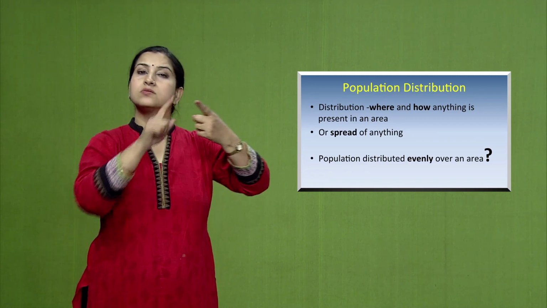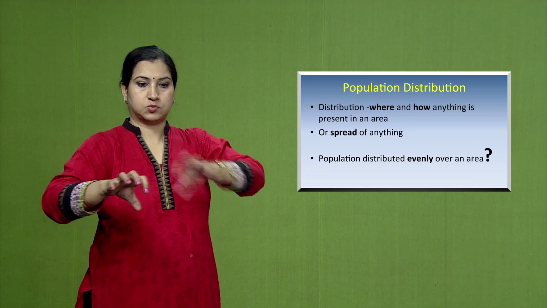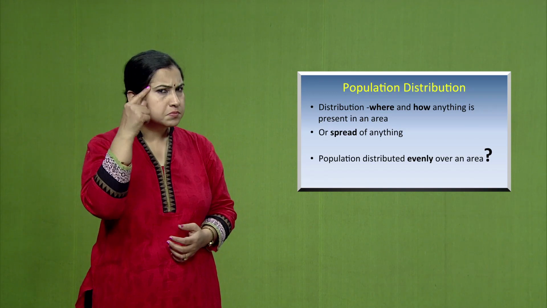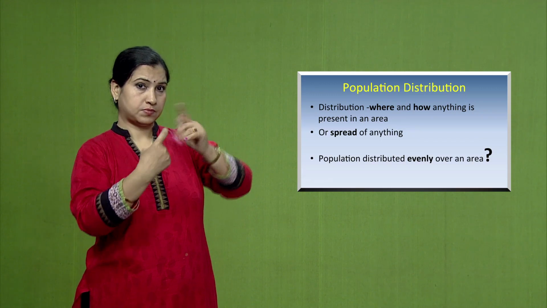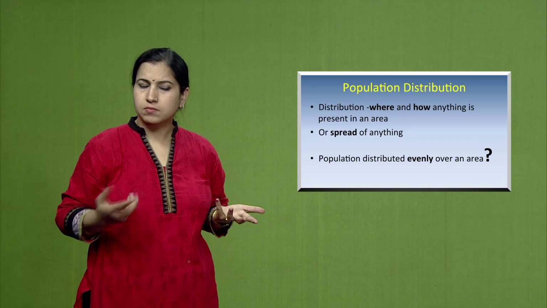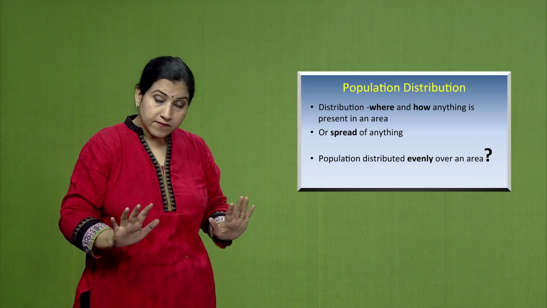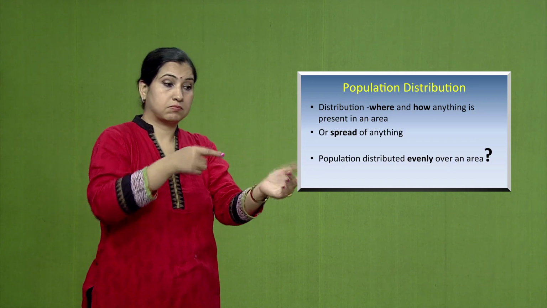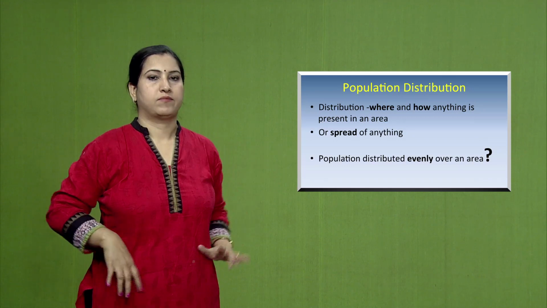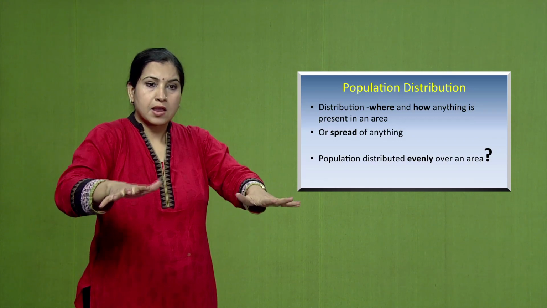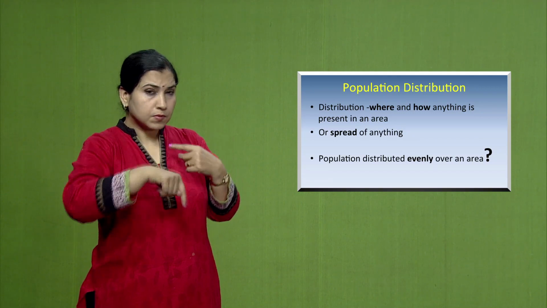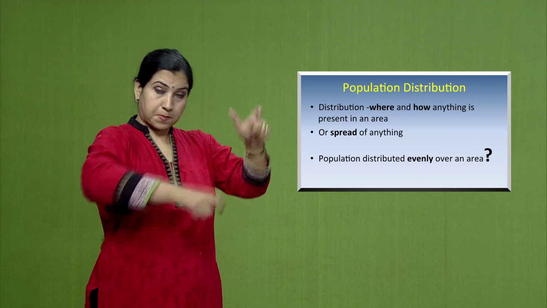Distribution of population. What do you understand by distribution? Distribution means where and how anything is present or located over an area. You can also call it spread of anything. In this case, we will know about the spread of population.